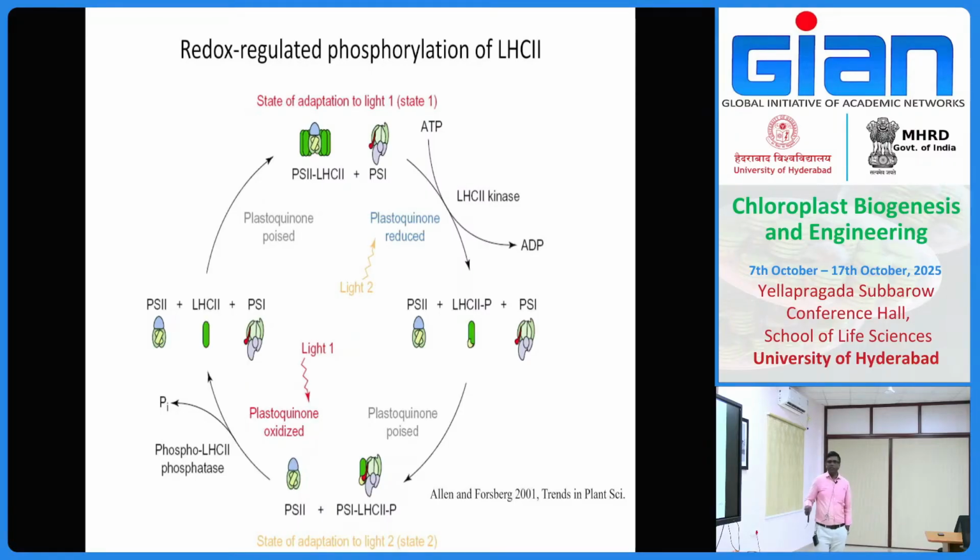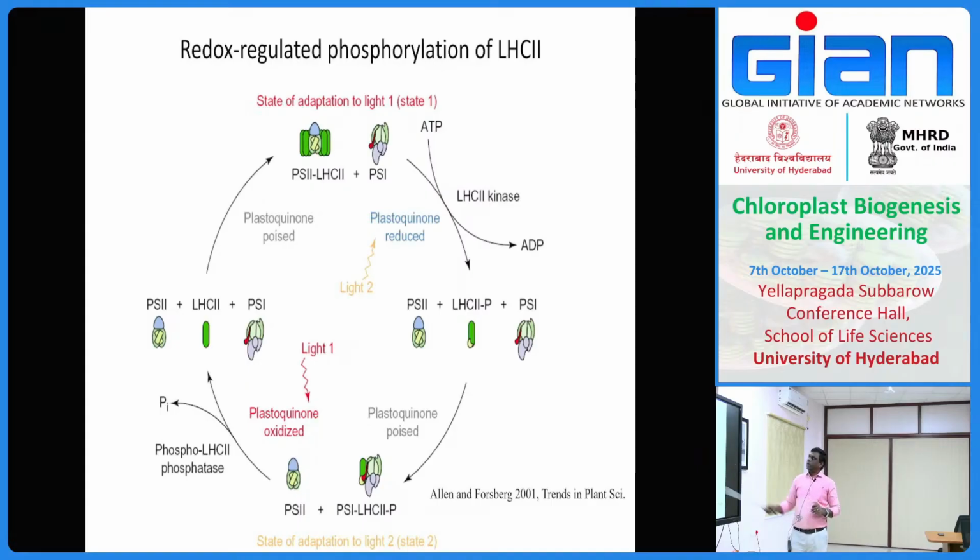It will be like that cycle. Here there is the photosystem 2 light harvesting complex, two of them, and let's take photosystem 1. There are two different photosystems, photosystem 2 and photosystem 1.